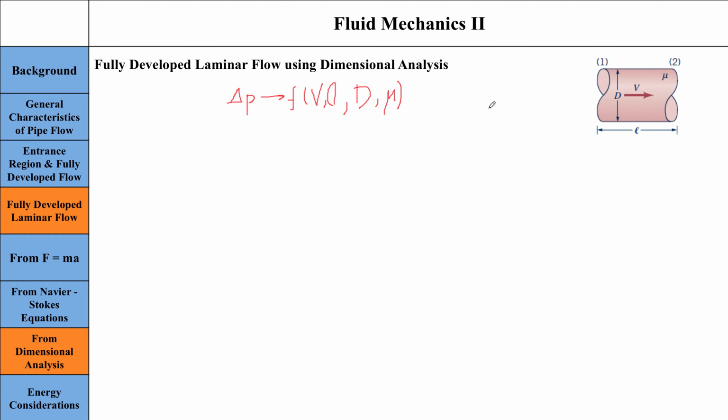Now you might think, hang on, why not include the density term here, or maybe why not include the specific weight term as well as a variable for this pressure drop term here? Well, we don't include density in here because remember when we were looking at F equals ma, the acceleration term here was 0.